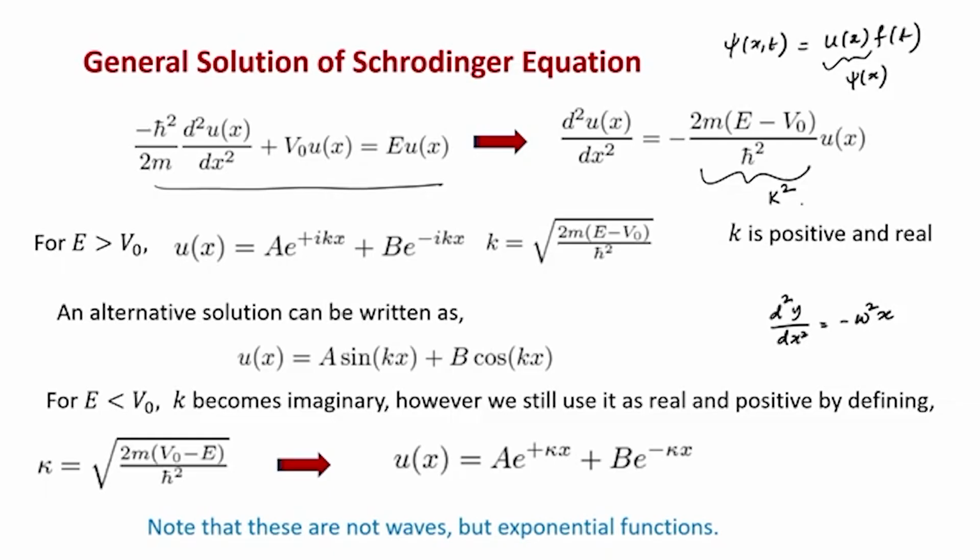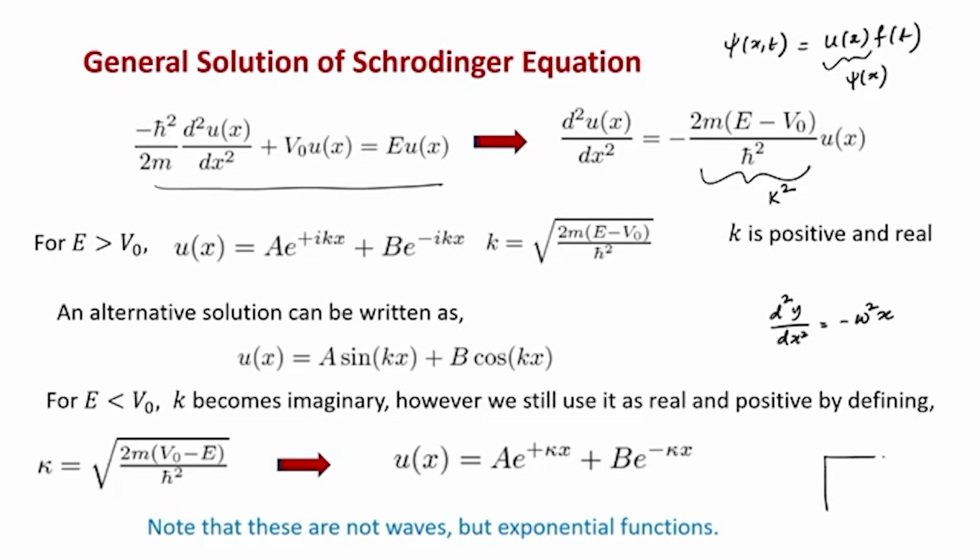So, it is usually written as k², where k is the square root of 2m(E minus V0) divided by ħ². And for E greater than V0, that is when you have the energy of the particle to be larger than the barrier height.